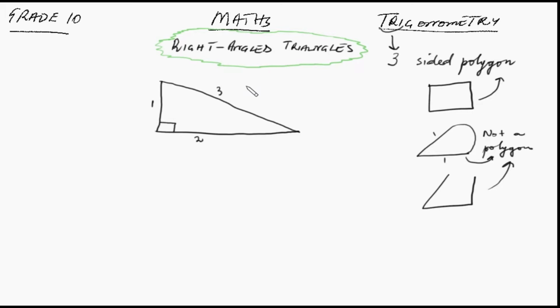But this one is a right-angled triangle. So in this presentation, we will focus on the right-angled triangle. Why is it a right-angled triangle? It's a right-angled triangle because one of the angles is actually 90 degrees. You can see 90 degrees or this square symbol.